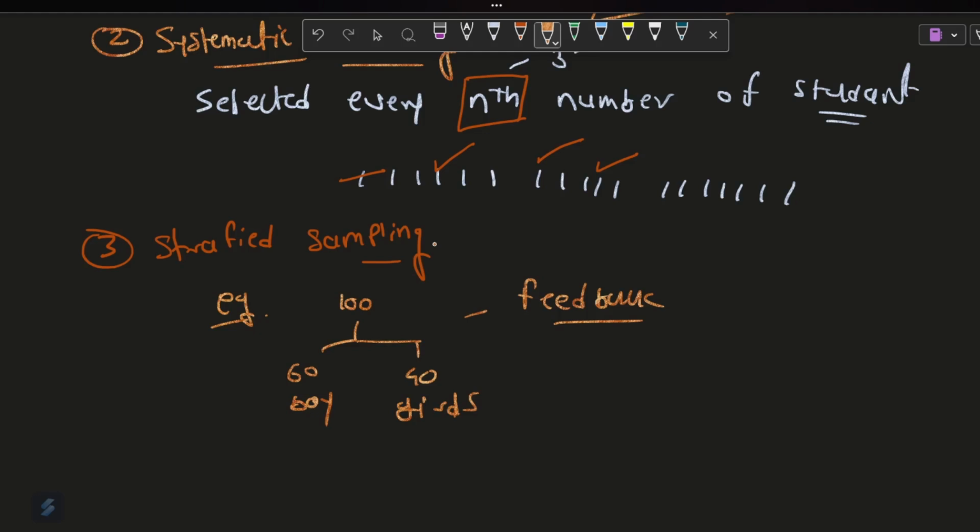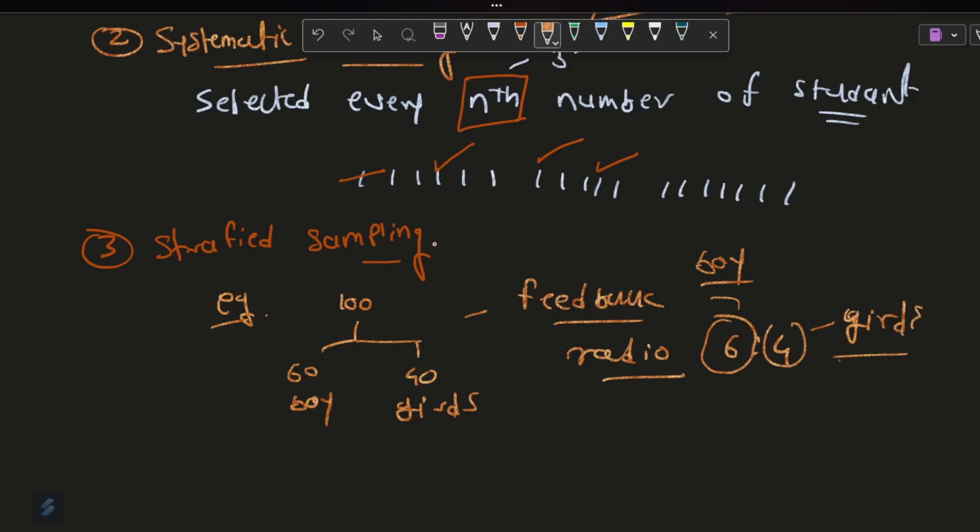That's why the teacher makes a ratio of 6/4. It means when four boys are to be selected, then similarly, the ratio of four girls. Four girls. That is stratified sampling.